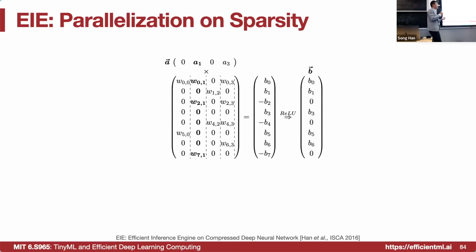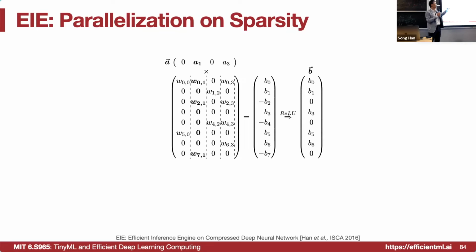So after pruning, okay, the weight matrix becomes super sparse. Here we have a vector of size 4, and the matrix is 8 by 4. You see a lot of the weights are actually pruned to be 0. This is a simplified matrix. And this is the bias for the output, and the output dimension is 8 in this scenario.